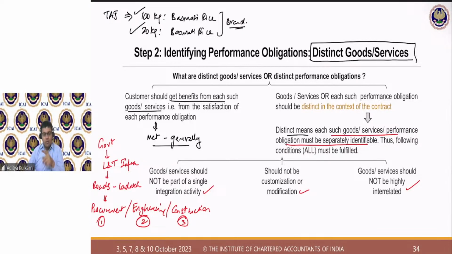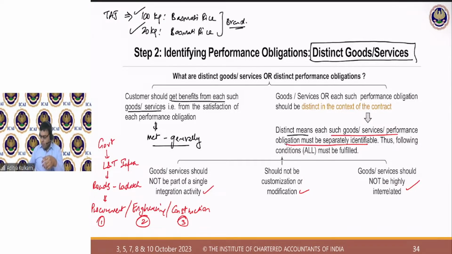Now, my question to you is, what is L&T actually performing as a supplier to the government? Is it giving procurement, engineering and construction services, what we call as EPC contracts, or is it giving a single item of infrastructure, that is a road in Ladakh? How do you think this contract will be envisaged?